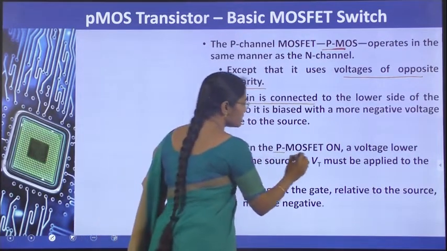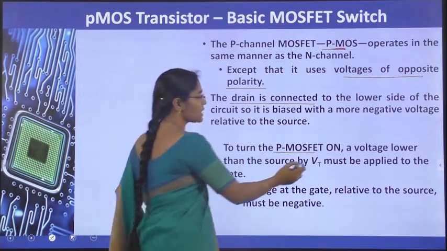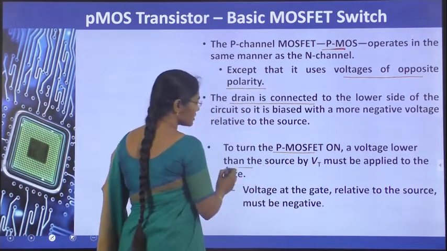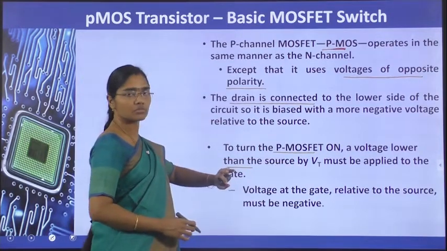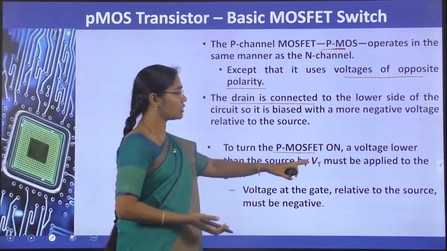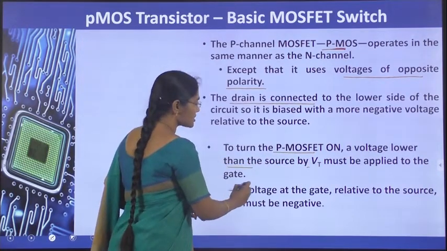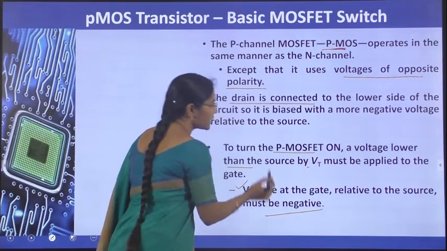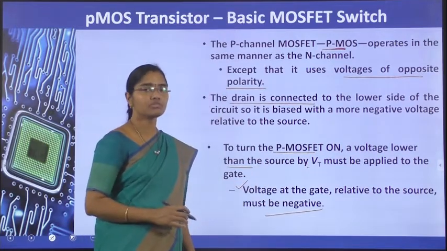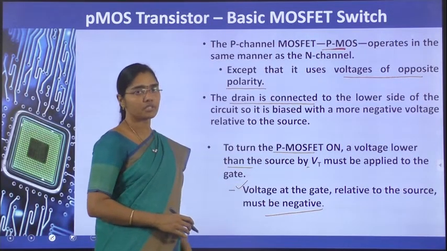To turn the PMOS on or off, a voltage is required. To make the PMOS on, a voltage lower than the threshold voltage VTP is required, and to make it off, a voltage more than the VTP value is required. That is, the voltage at the gate relative to the source must be negative to switch on the PMOS transistor, which we have seen in the previous slide.